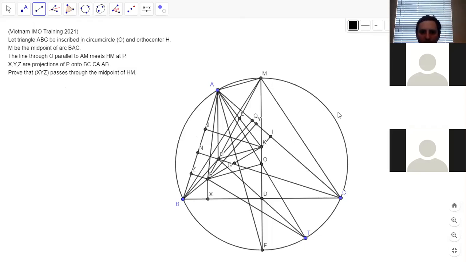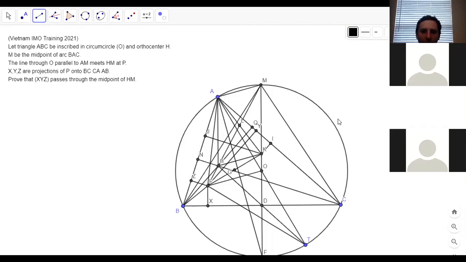We can just delete all the points and keep only H, M, Q and N. So basically, if L is the midpoint of HM, then we want to show that AQL is ANL. Then XP is the angle bisector, and then D lies on the circumcircle.